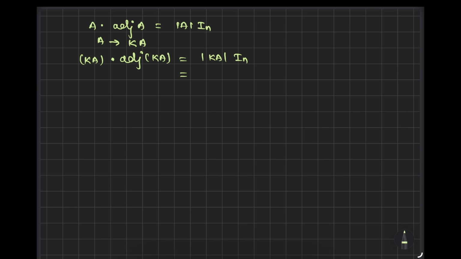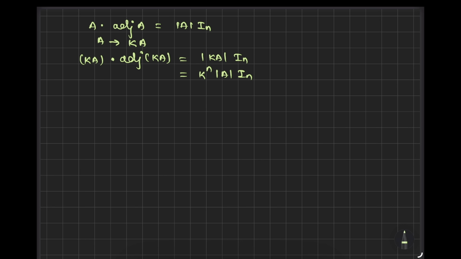The number is multiplied with all the elements of matrix A. Now we have to take determinant of that matrix. So we will take K common from every row. So there are n rows. So can I write K power n determinant of A I n?